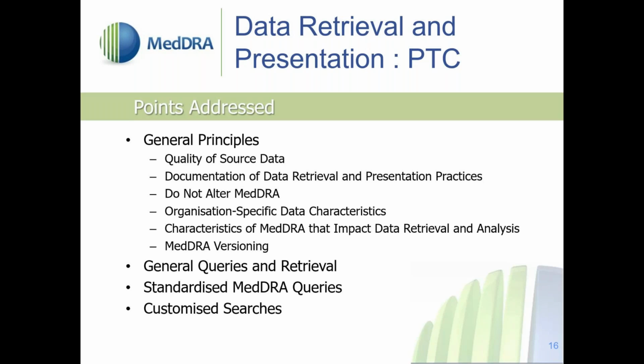Think also that some system organ classes are uniaxial. They only have preferred terms linked to them. All of these topics are covered in earlier webinars, so we don't really have the time to delve into them in more detail. So please investigate other webinars if you're interested in more details on the MedDRA hierarchy, like our coding webinars and What is MedDRA and How is it Used.